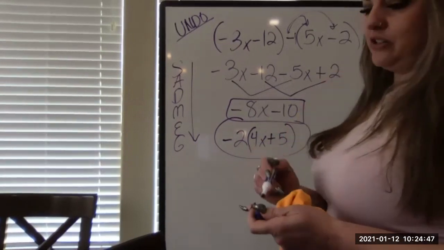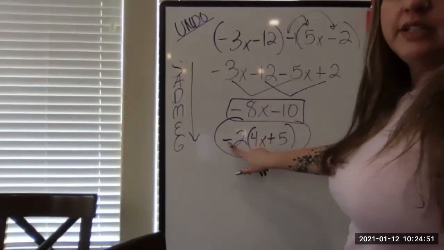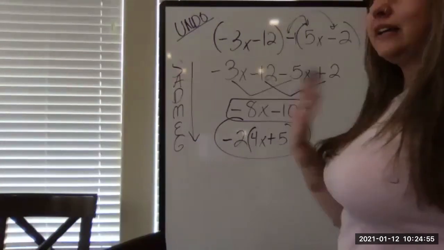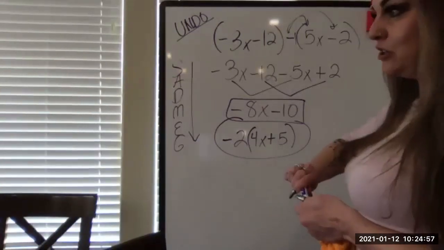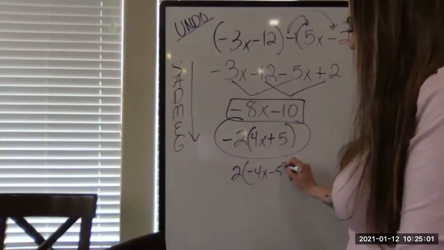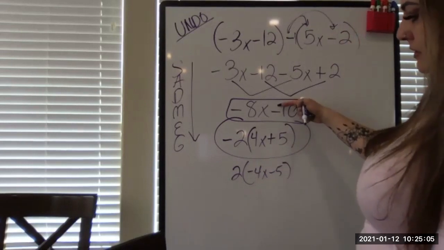Now, you might wonder, does it really matter if I pull the negative out? Yes. Mathematically, it would not be incorrect if you did 2 times -4x minus 5. You're still going to result in the same expression.